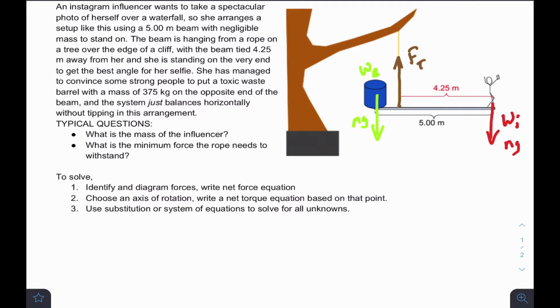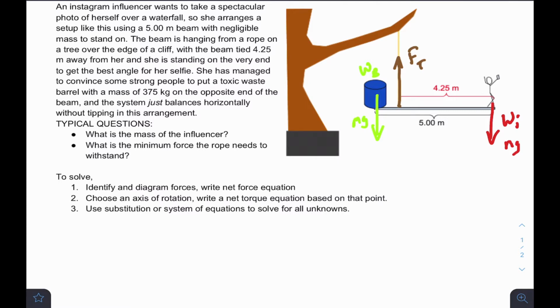Our net force equation is these three forces add up to be zero, which means one of the three forces has to be in the opposite direction of the other two. You cannot have all three forces in the same direction because that wouldn't be a net force of zero. So in this case, obviously, the rope is acting in the opposite direction of the weight of the other two.